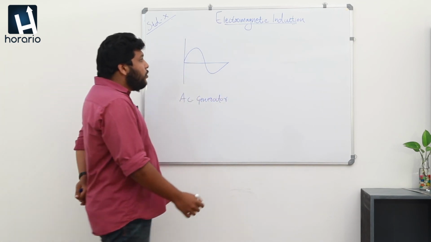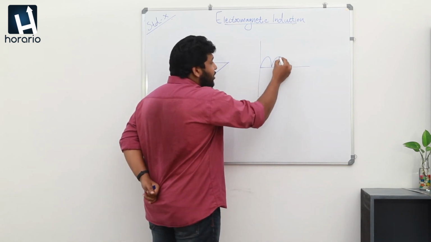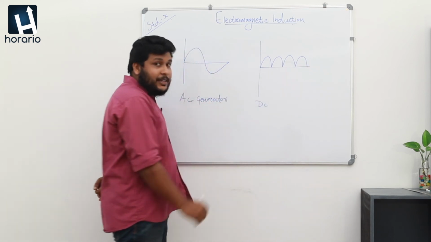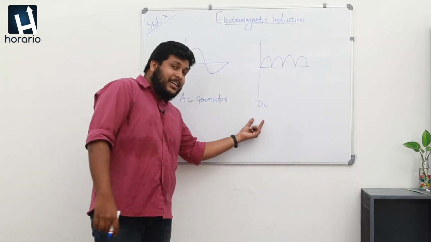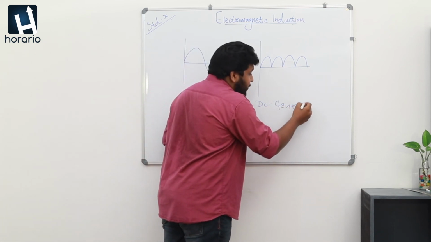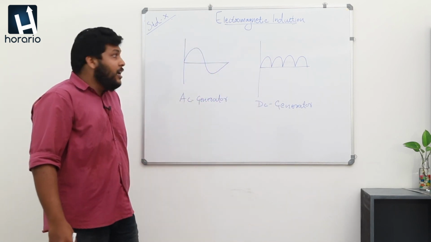Like this, if the current is direct current, which means DC, the DC current is produced with the help of a DC generator.